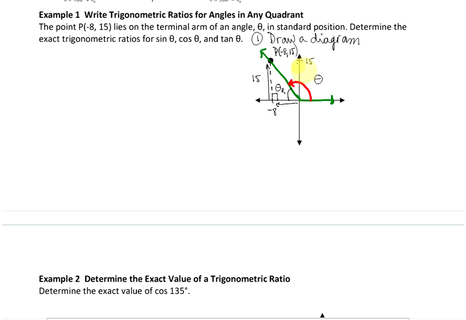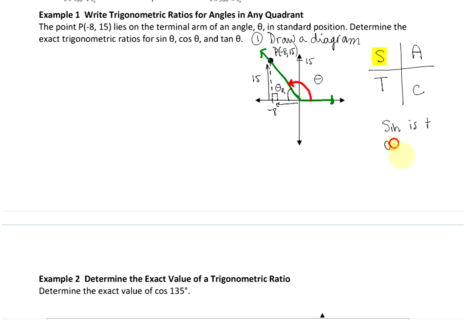Okay, and before we start determining what our trig ratios are, let's just recall our CAST rule. Okay, start in the fourth quadrant and spell out CAST going counterclockwise. And just note that when we do finally determine what our trig ratios are, because we're looking at an angle in the second quadrant, sine is the only trig ratio that will be positive.